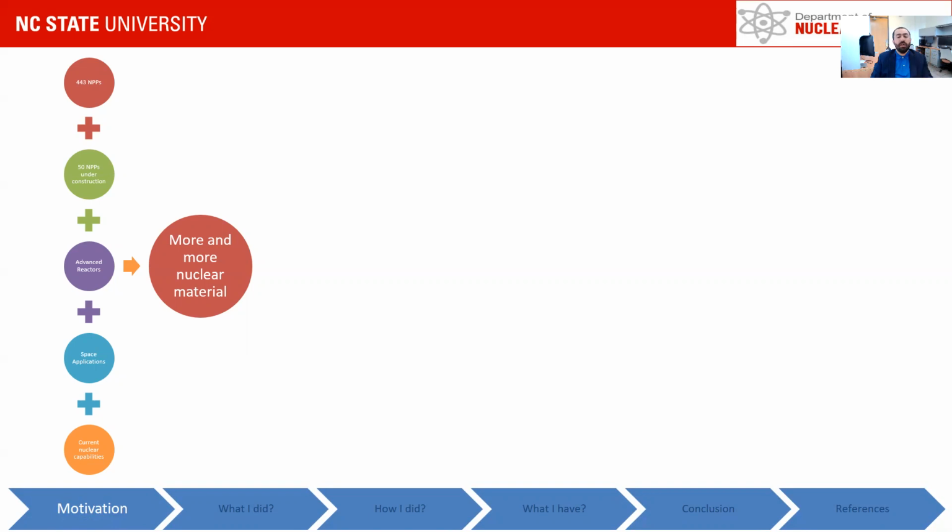So we are adding some nuclear materials to current capabilities. And space applications are also one way to use nuclear technology. With the current capabilities in terms of nuclear warheads, it is more than 10,000. So if we sum all of these, we get more and more nuclear materials.